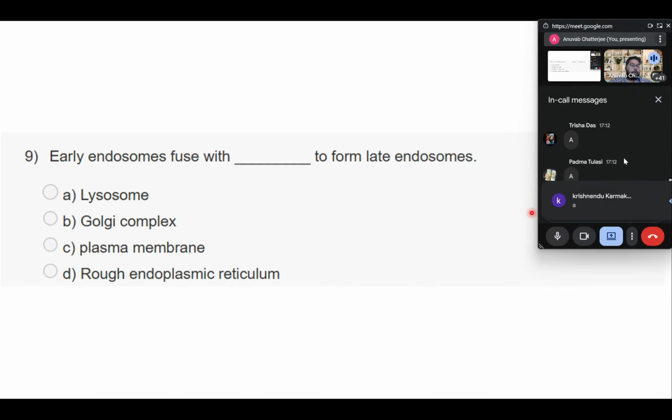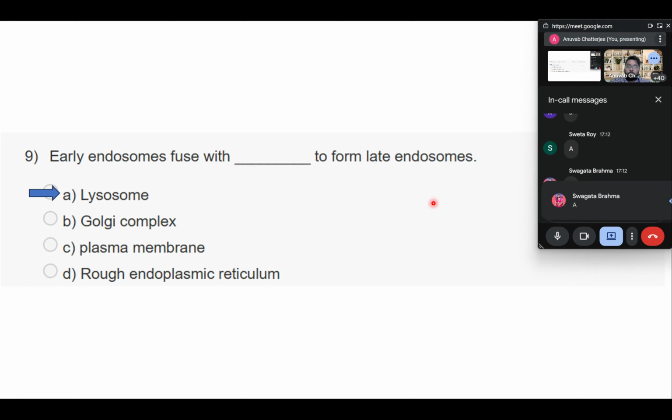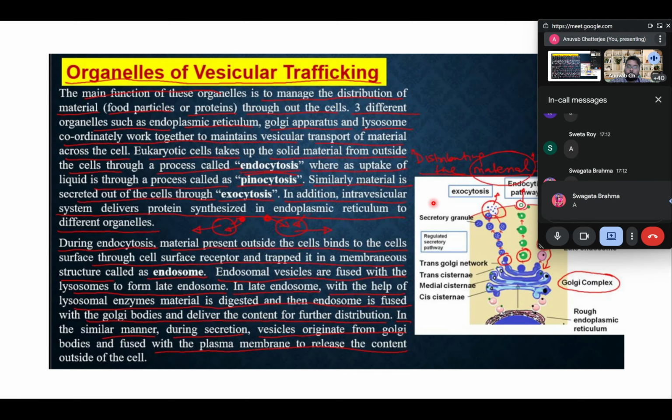Okay, so everyone has answered A. Perfect. So yes, early endosomes do fuse with lysosomes to form late endosomes. You have already seen that. So I'm not discussing it further.